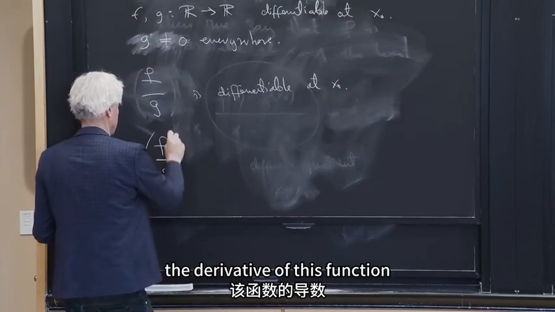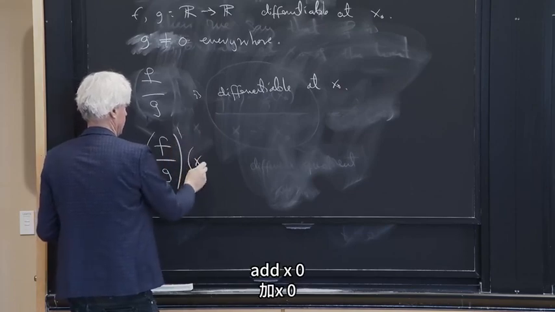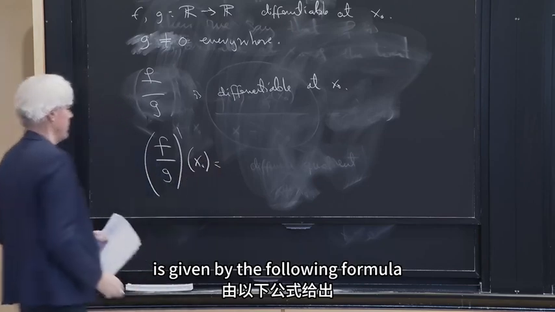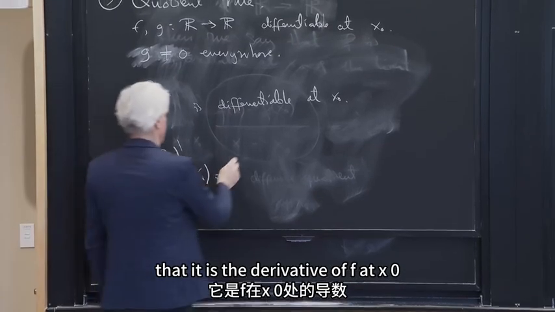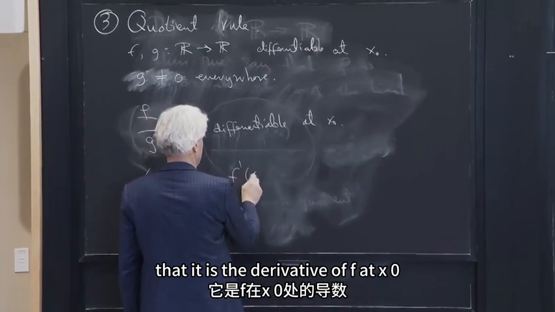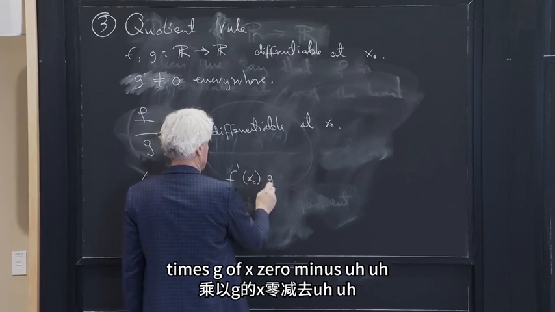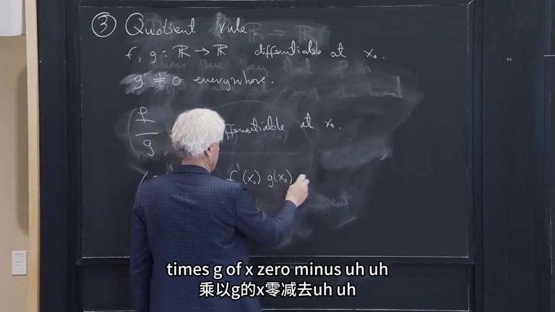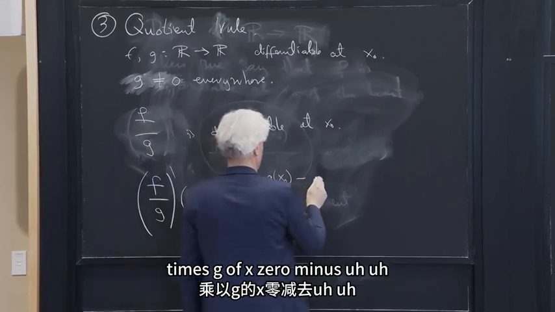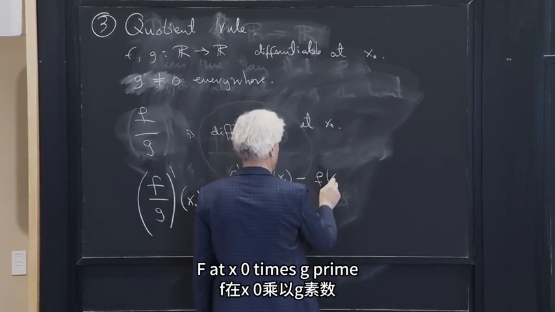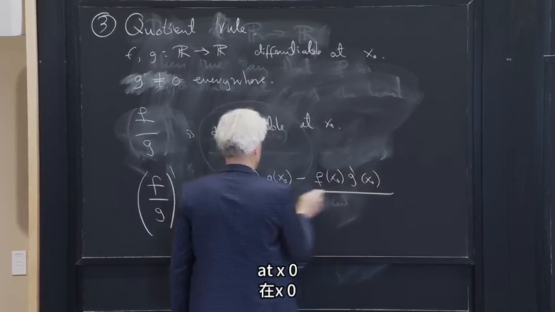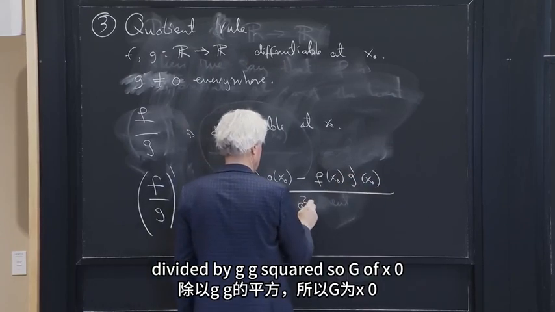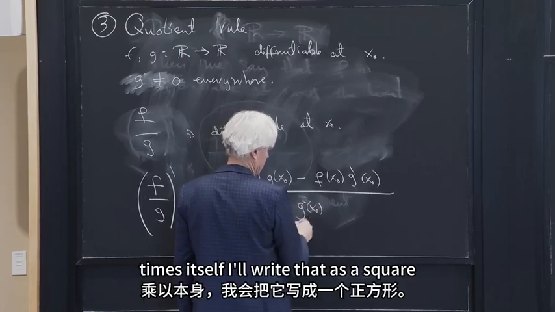And the derivative of this function at x0 is given by the following formula: it is the derivative of f at x0 times g of x0, minus f at x0 times g prime at x0, divided by g squared, so g of x0 times itself.